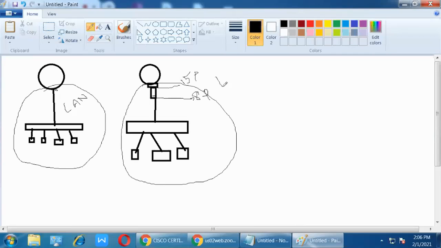Speed is 10 Mbps, and this is called Ethernet, and here is fast Ethernet.